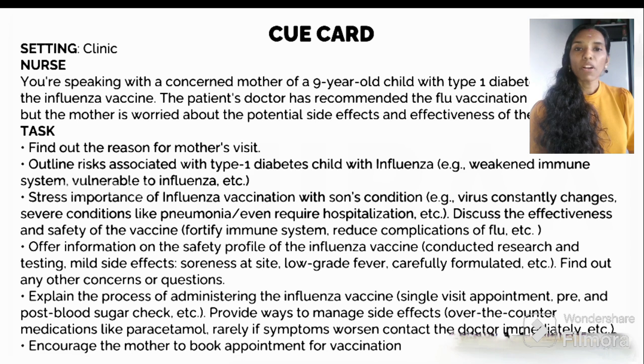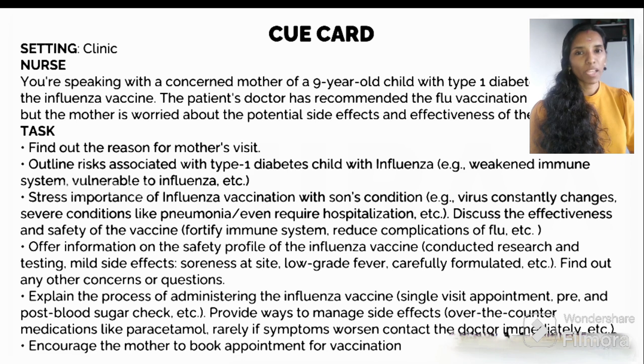And the answer will be: Good morning. My name is Maria, and I came here for my 9-year-old son. My son's GP advised him to take the influenza vaccine, but he already has type 1 diabetes, so I am so much concerned. That will be the answer for the first task. For the second one, whenever you hear something of concern, you have to give reassurance.